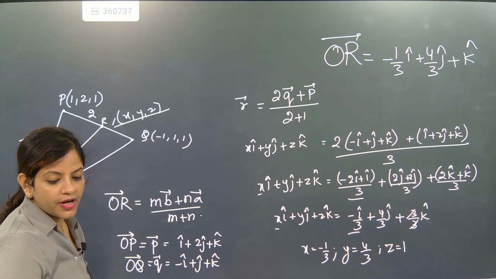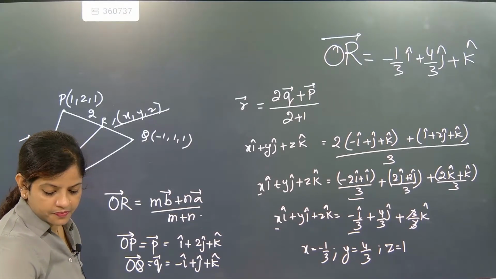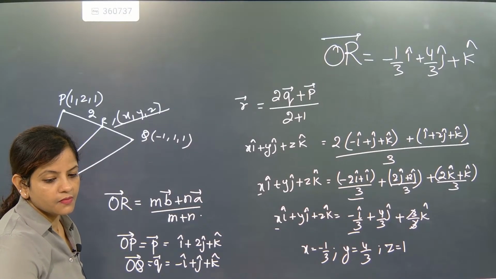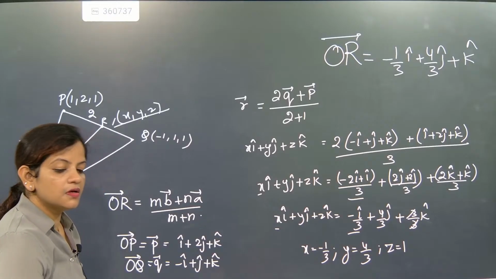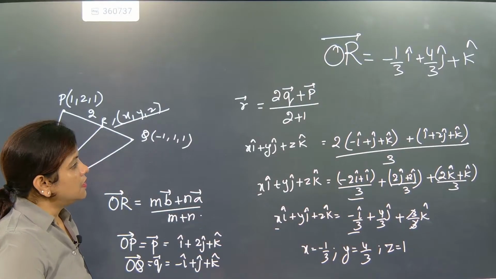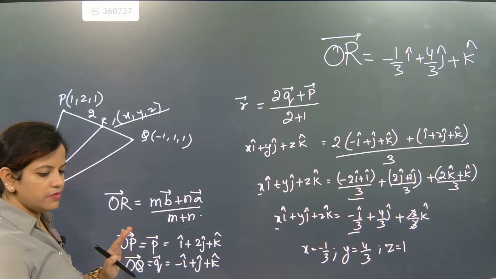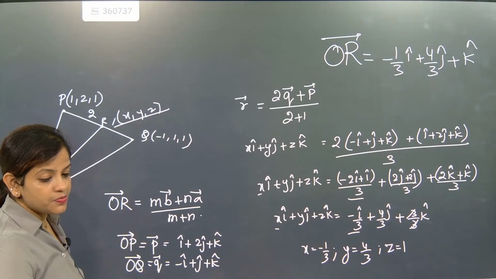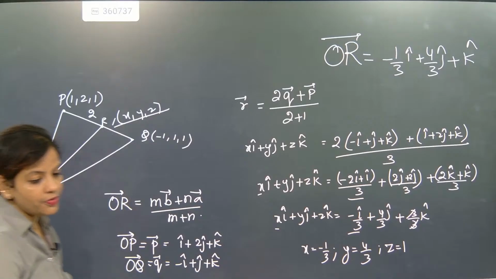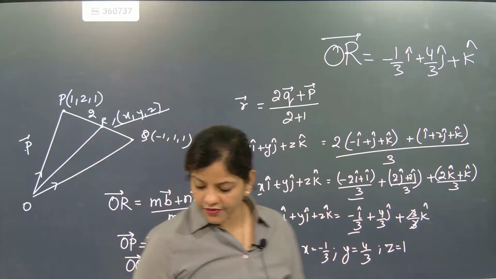Till here, is it okay? I hope you have understood till here. I took very small steps and explained everything. I used the internal section formula and explained every single point.